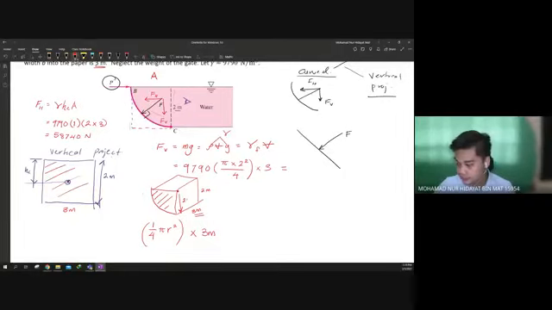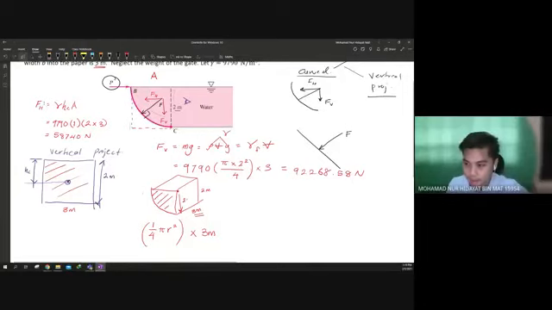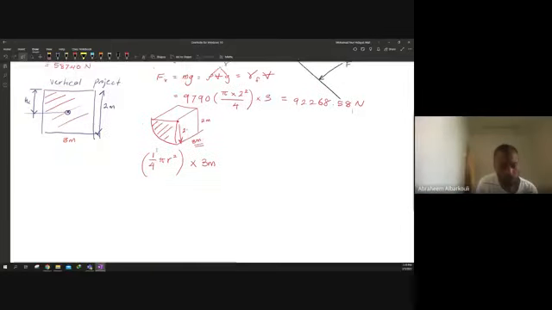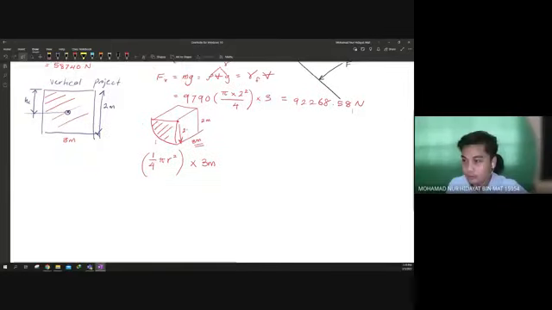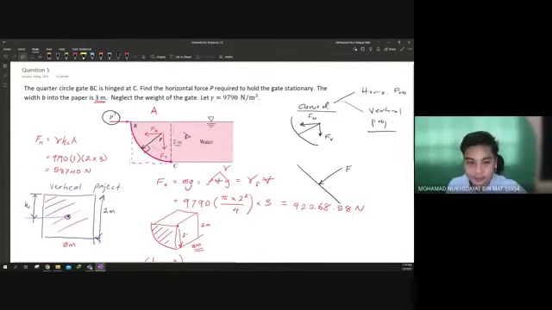The value is 92268.58. Okay, now we already have the two components of forces, FH and FV. So how to get the horizontal force P?